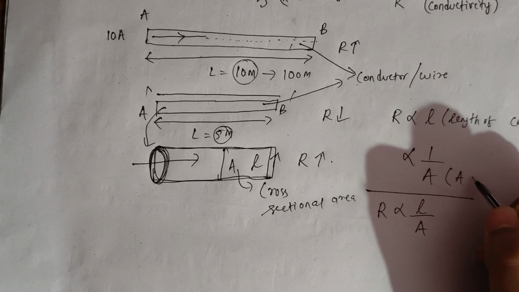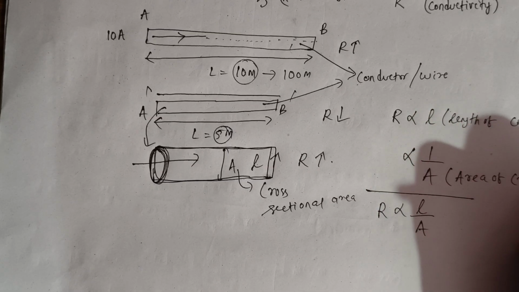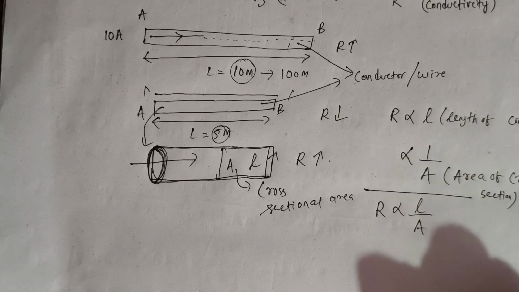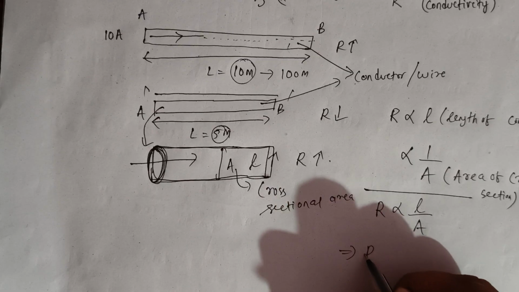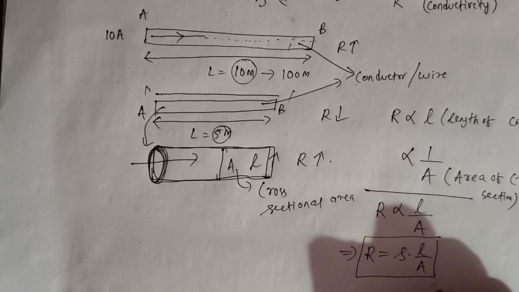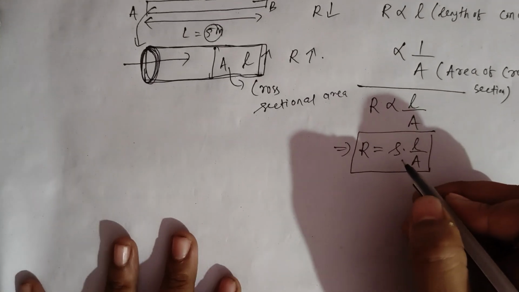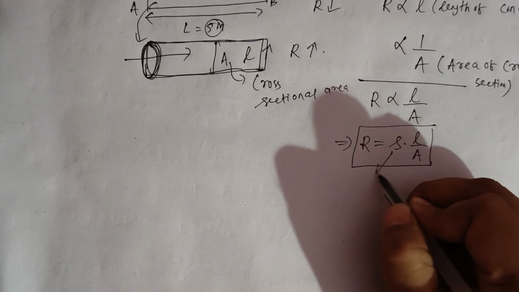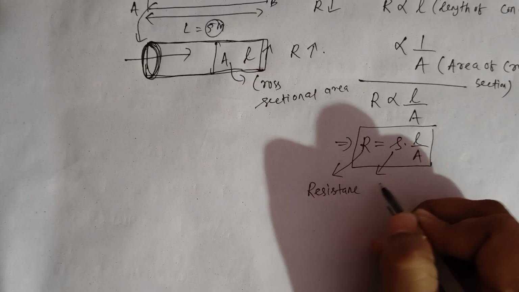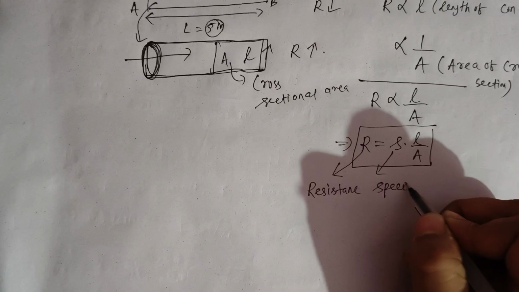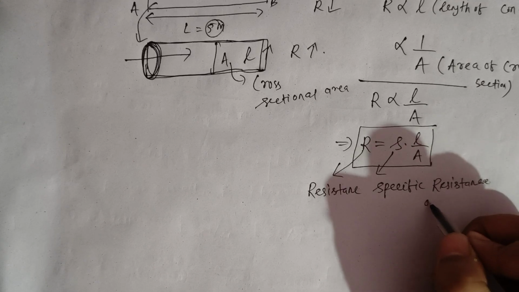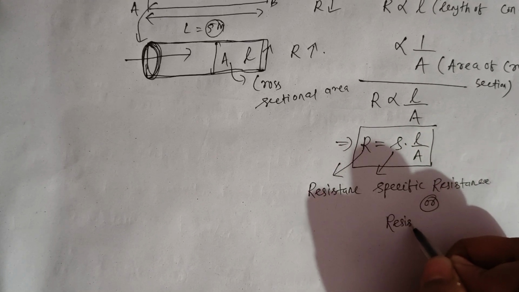Here A is called the area of cross section. That means R is equal to rho into L by A. Clear? This R is called resistance. This rho is called specific resistance or resistivity.